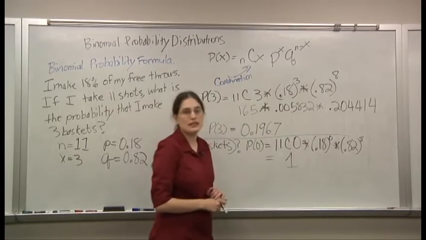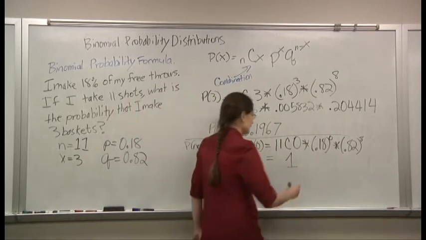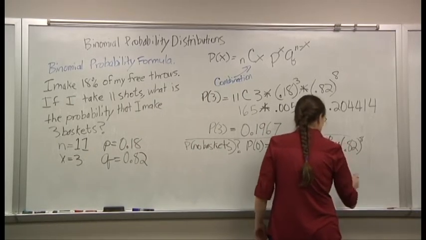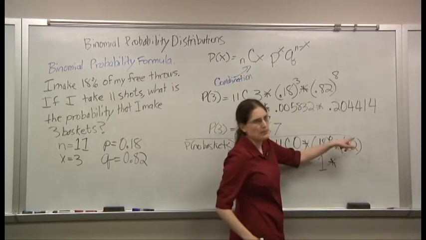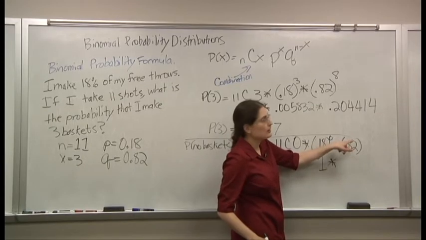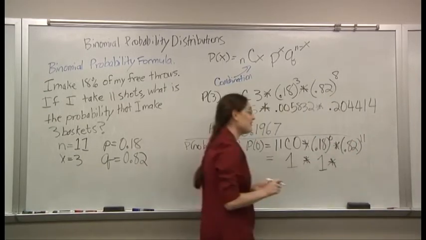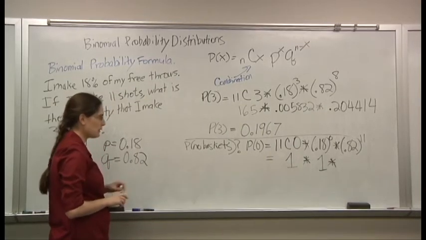What's anything to the 0 power? 1. Whoops, that's not to the 8th power. What power should that be? 11 minus 0, 11. I can't believe I forgot to change that, but at least I caught it.